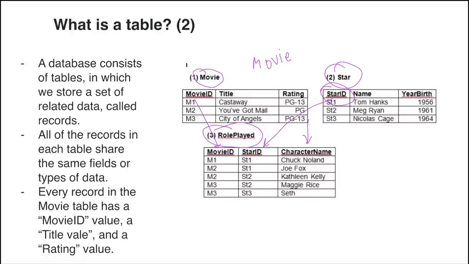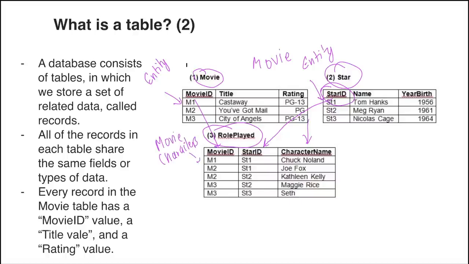We're representing movies in general. This table represents movie entities, and each one of these is an individual entity. I guess those terms are used interchangeably, but this is an entity of movie stars, and I guess this is an entity of movie characters.